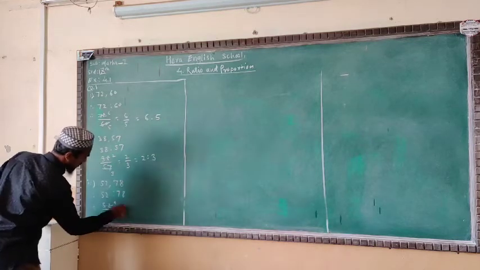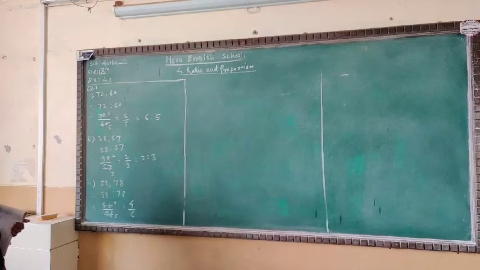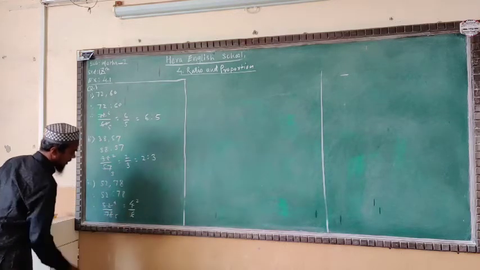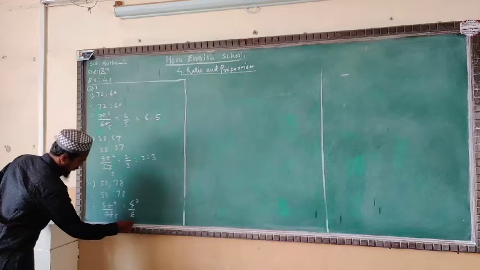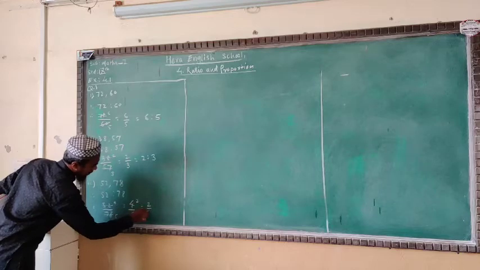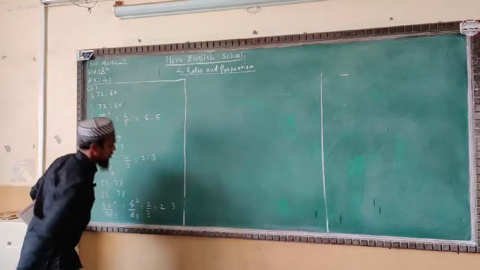You will get 4 upon 6. Now one more time we can divide this. See, 2 twos are 4 and 2 threes are 6. You will get 2 upon 3. In the end you will write in ratio form, 2:3 is your answer.